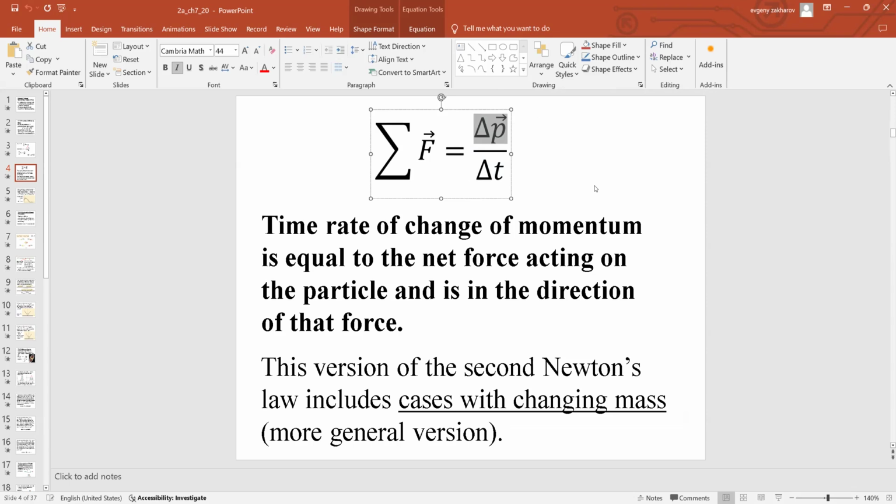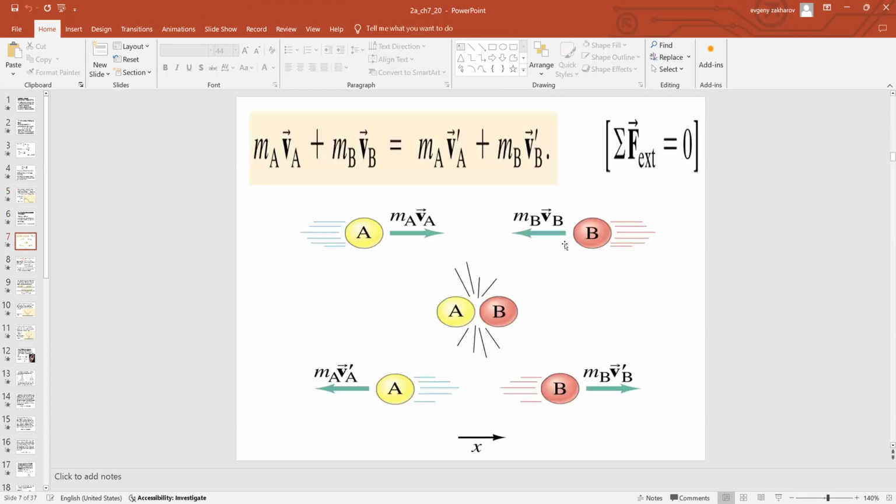Once again, there is a change for the first ball. There is a change for the second ball. But then you combine both changes, and you get the overall zero change for the system of two balls. That's why, no matter what you do, no matter the collision, you will always get zero change in momentum.